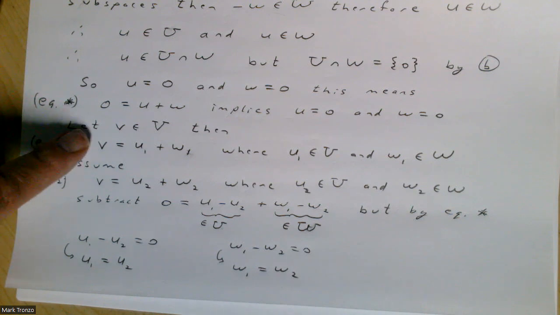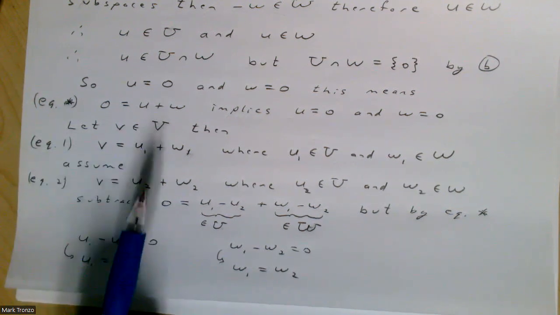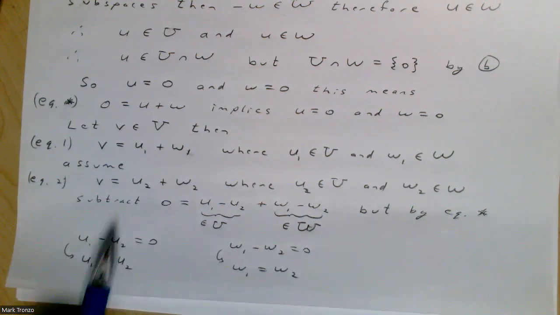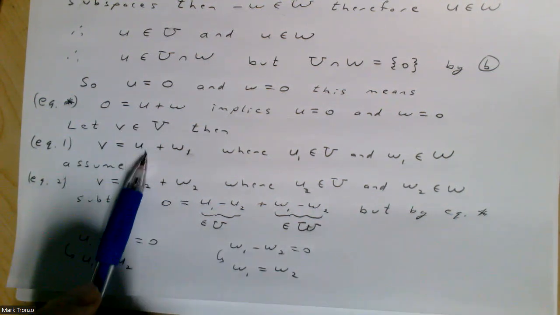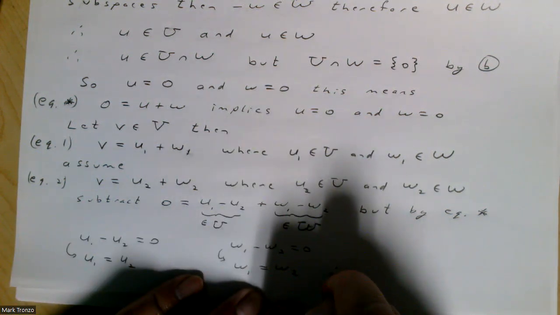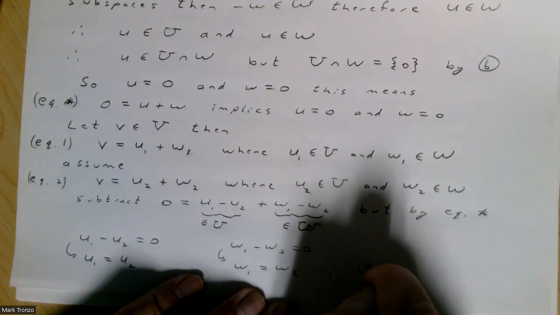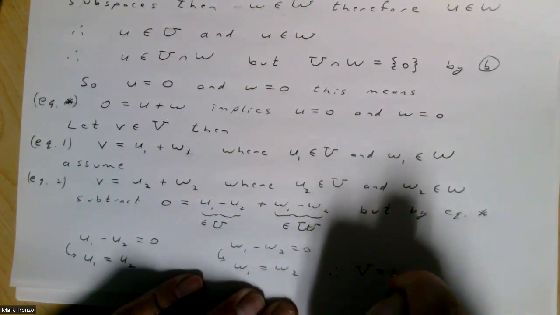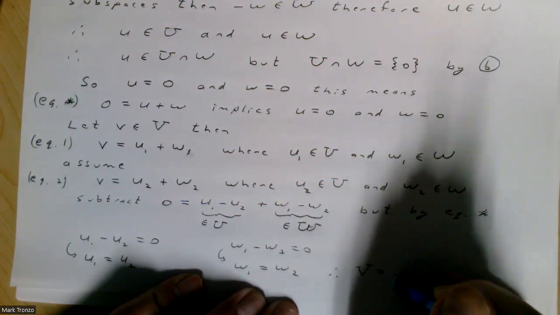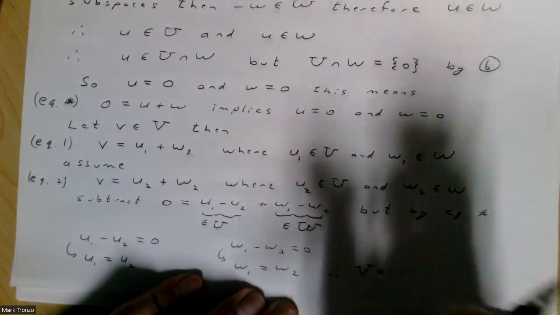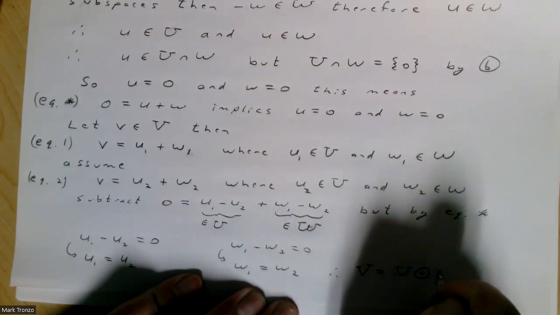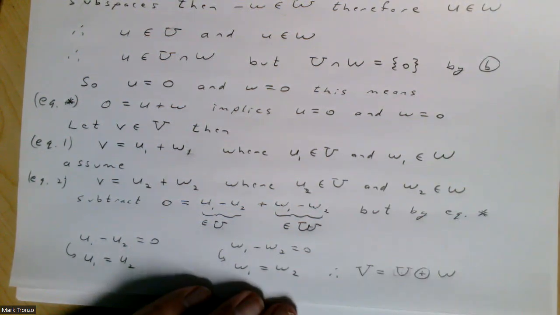So this sum is unique. We tried to find a different representation, but realized when we go through this, it was exactly the same. And then therefore, V is a direct sum of U plus W.